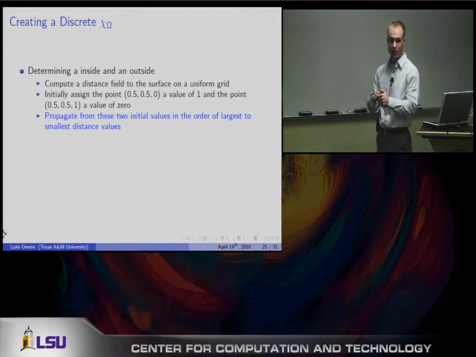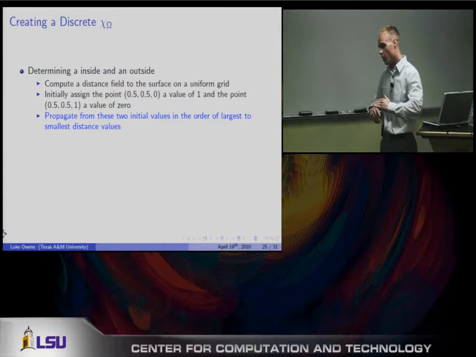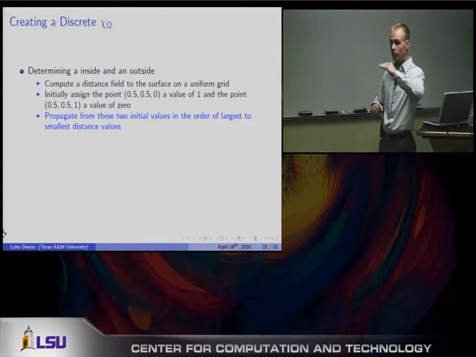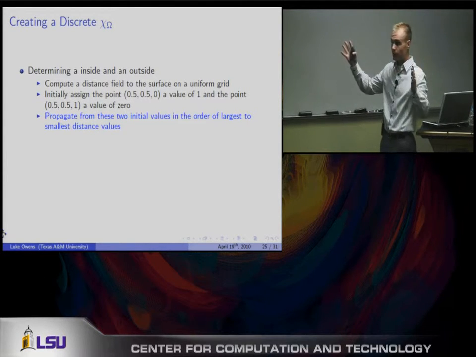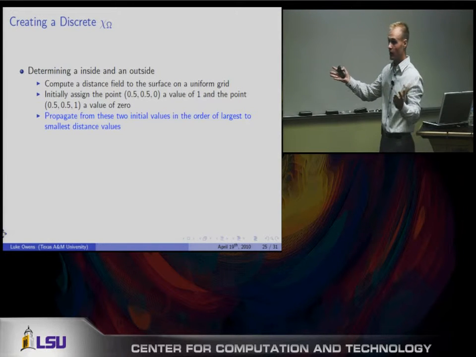This is important. The propagation in this order is important, because otherwise you get your 1, you get your inside to the surface, right? And then for whatever reason there's a little hole in your reconstruction. What could happen is then it gets through that hole and then propagates and ruins everything, right? Now all your zeros become 1s and everything's ruined.